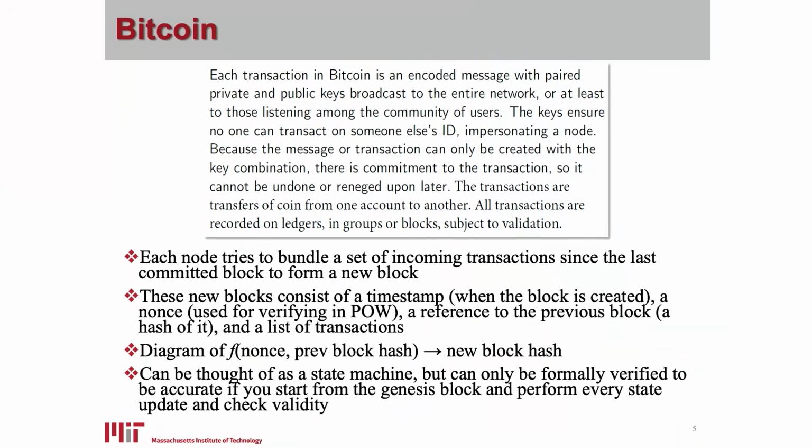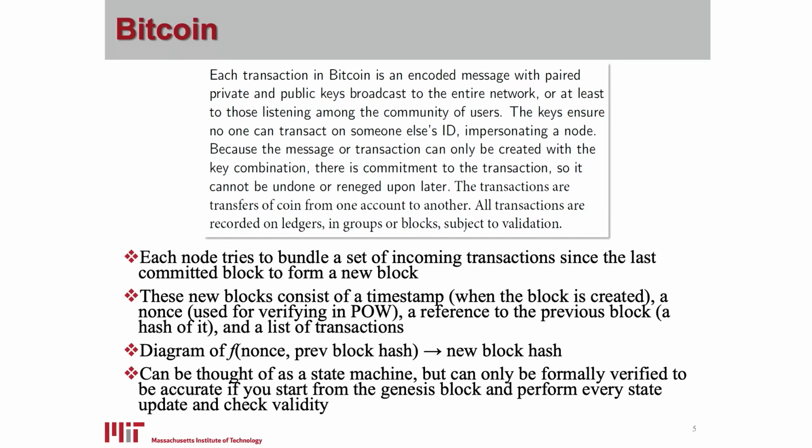In particular, for Bitcoin, for example, each node is trying out a bundle of a set of incoming transactions since the last committed block in order to form a new block.